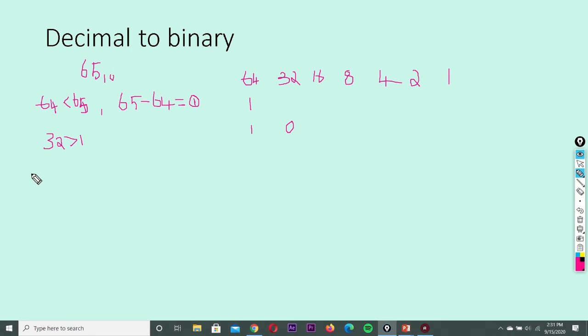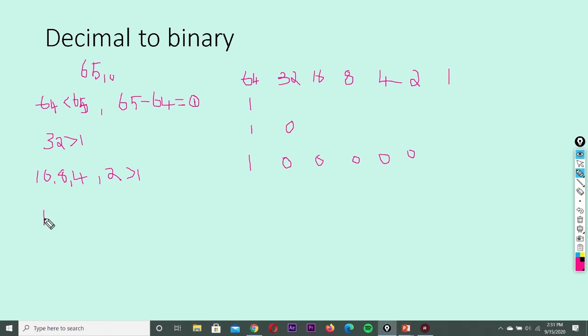Okay, so similarly the remaining powers like 16, 8, 4, 2, all these numbers are greater than 1. So we have to make them 0. That means we write zeros for all these powers. Okay, so 0, 0, and for 2 also 0. Next we have to take the last number, that is 1.